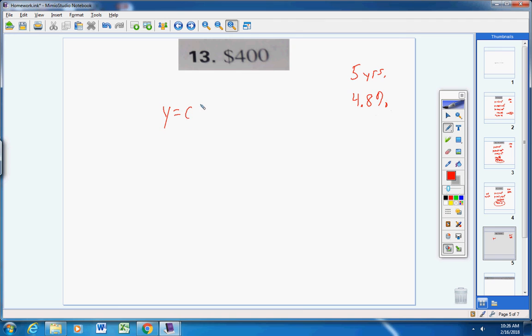Y equals C parentheses 1 plus r to the t power. Y is what we're looking for. For C, you're going to substitute 400. In the parentheses here, we'll have 1 plus 0.048 to the fifth power. All right, of course, 1 plus 0.048 is 1.048.